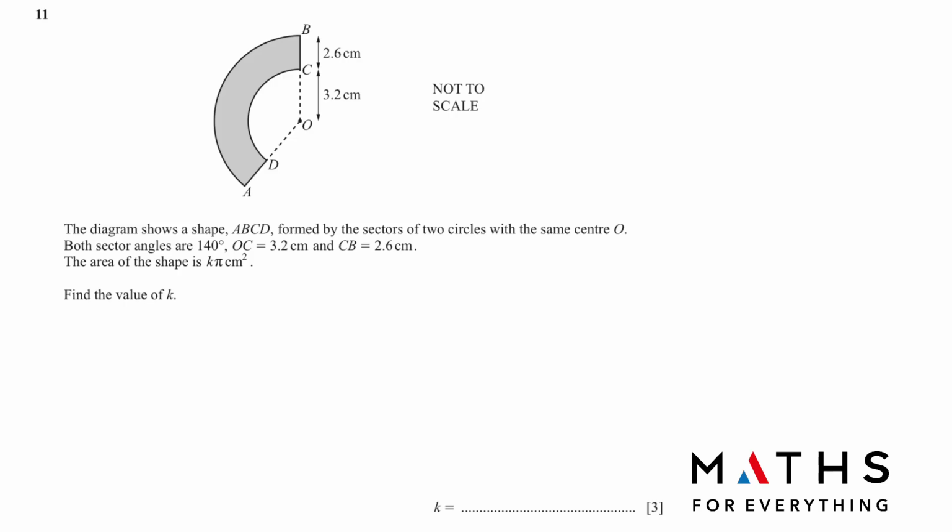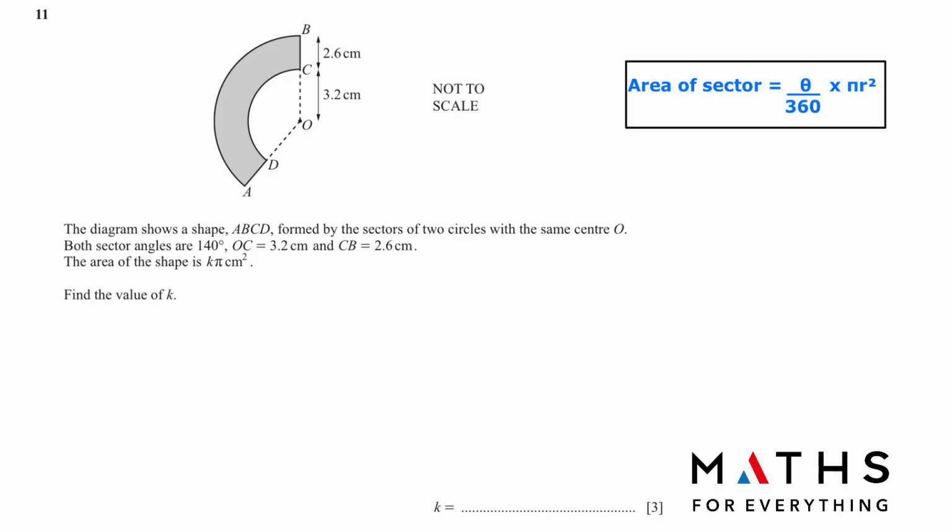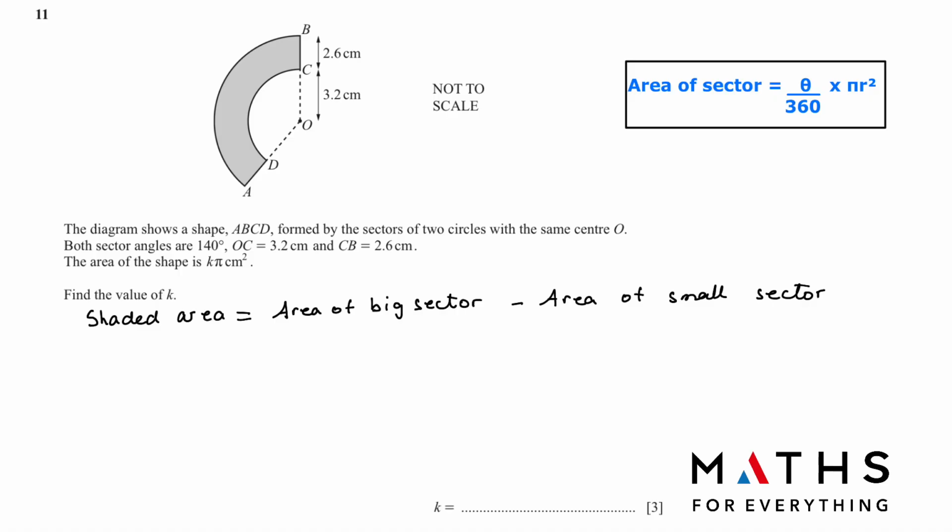To find the area of the sector, we use the formula theta over 360 multiplied by pi r square. The shaded area can be found by finding the area of the big sector minus the area of the small sector by using this formula. Theta is the angle which is 140.